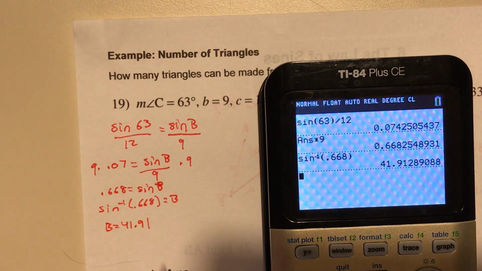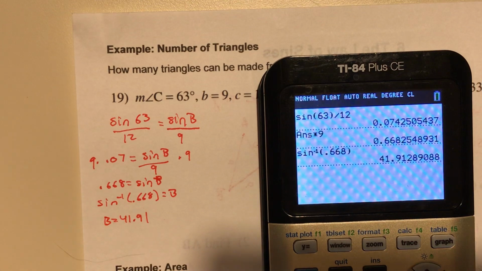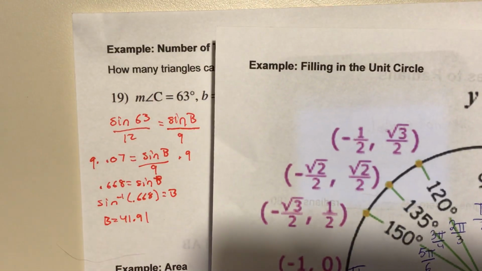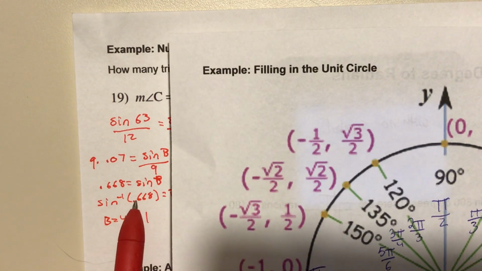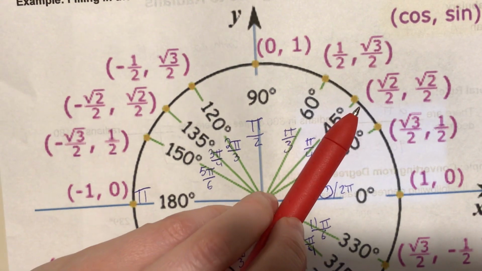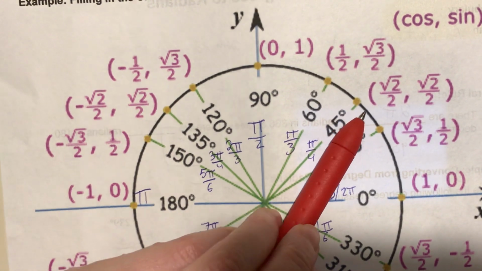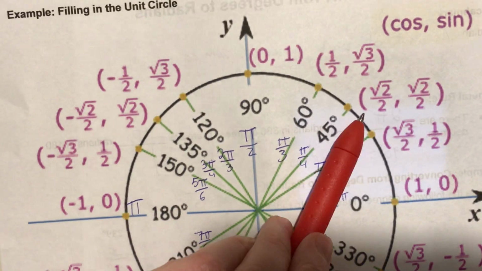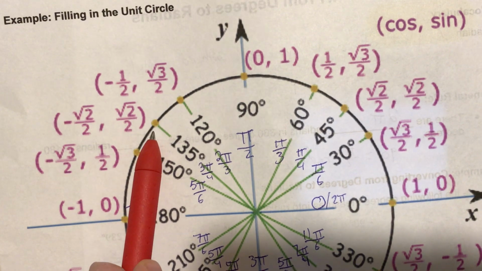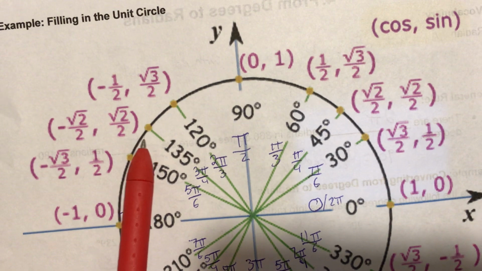Now, remember, based on your unit circle, there are actually two places on the unit circle where the sine is 0.668. One of them is over here at 41 degrees. The other one is the mirror spot. It's got to have the same y value, so across the circle, the same y value is going to be over here somewhere. We can find that by doing 180 minus 41 degrees.